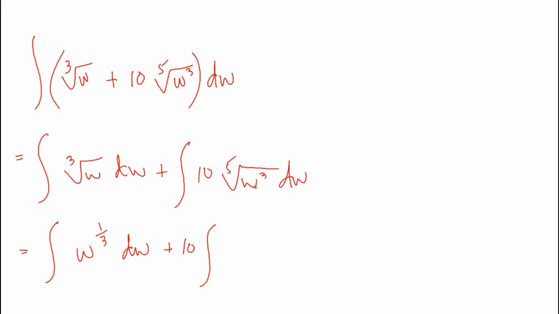Then the fifth root of w raised to 3, we can rewrite as w raised to 3/5. Now that's simpler, so we can integrate our function.